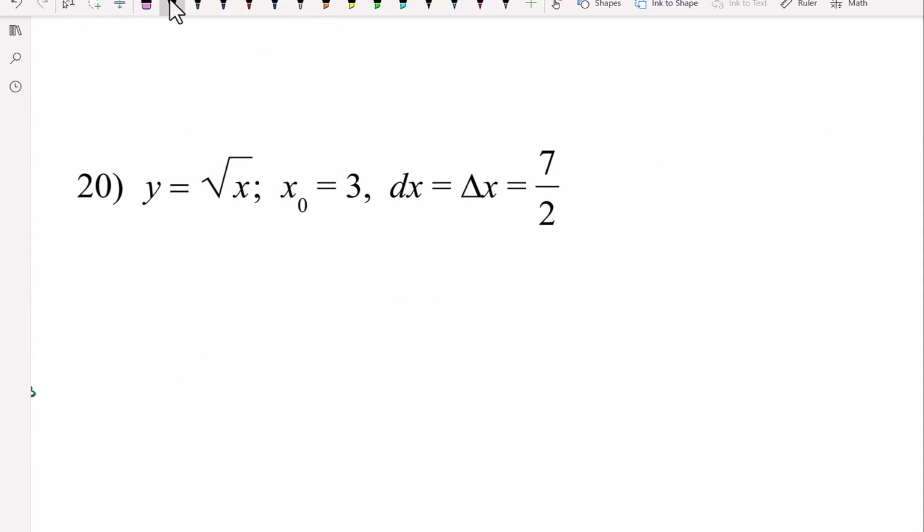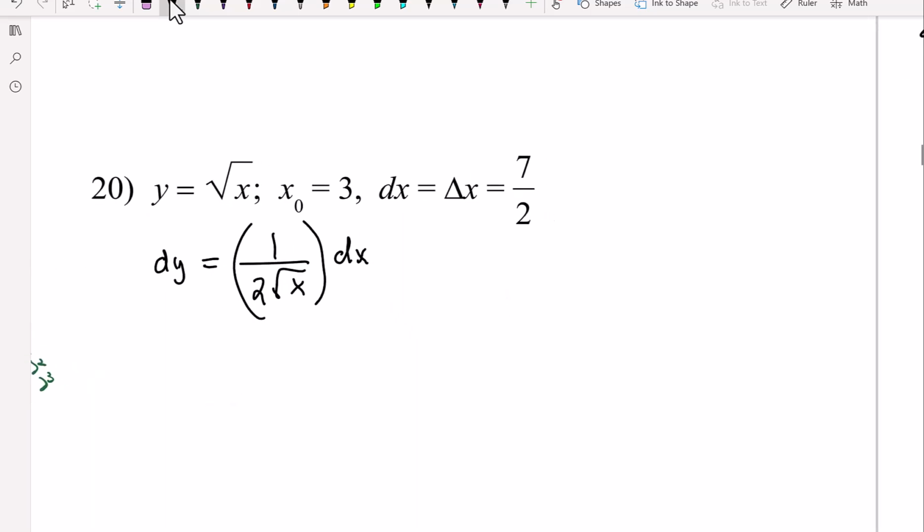So delta y, since there's not a negative sign there, this will just be 1 over 2 times the square root of x. Oh, what we needed to do also, sorry, on the other two, we needed to come up here and plug in the x and the delta x. So I'll go back and do that in a minute. I'll finish this one.